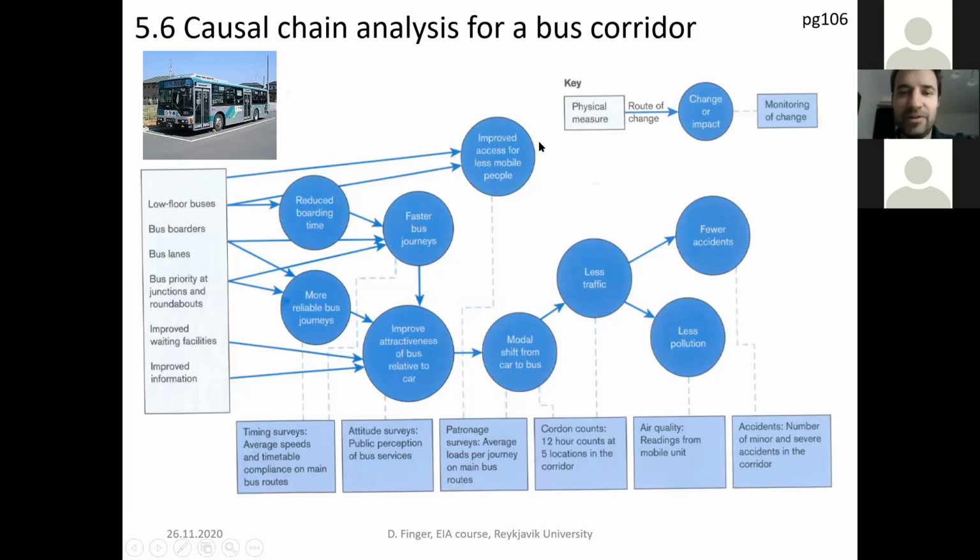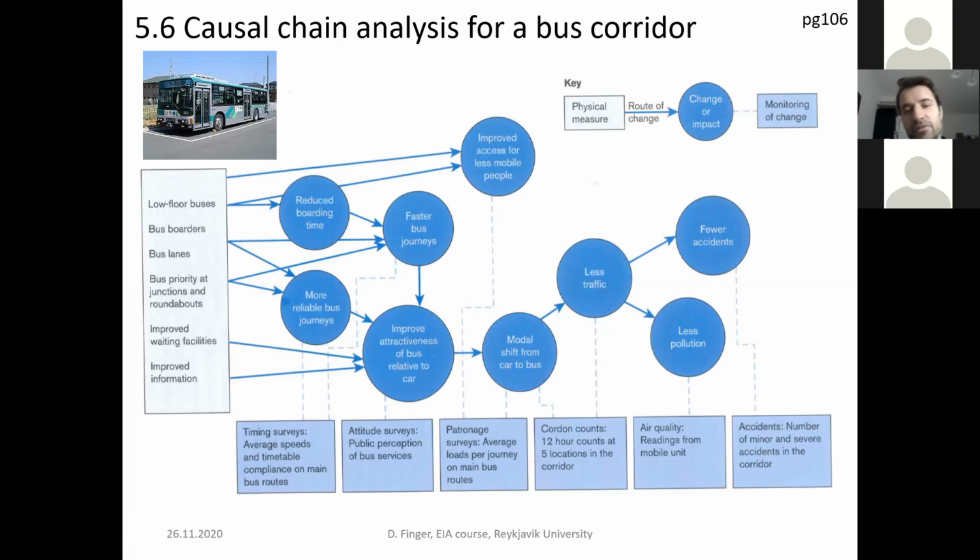For example, if Reykjavik City would build a new bus line from downtown to Breiðholt or to some of the suburbs, then you could look, with a causal chain analysis, at how the new bus line will impact society and different aspects of the environment, and maybe also the economy.